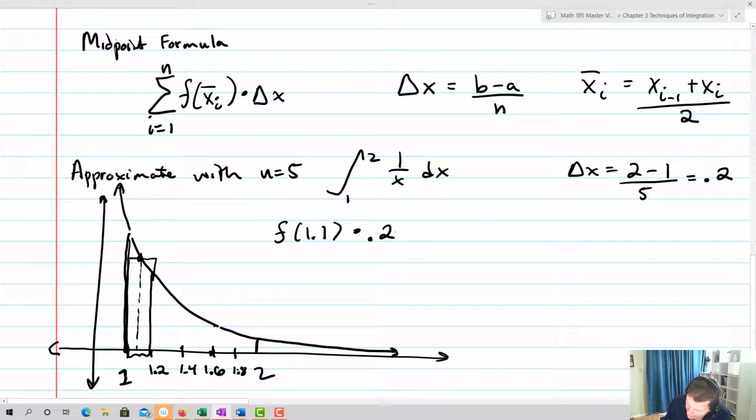So then we'll multiply by 0.2, plus, now we're going to go to the next one.